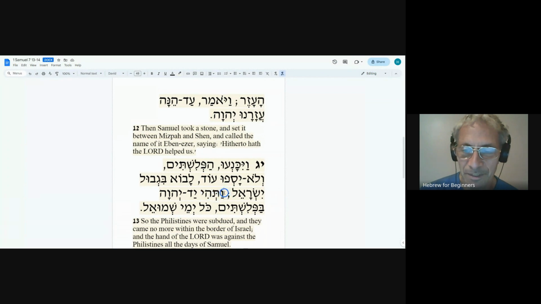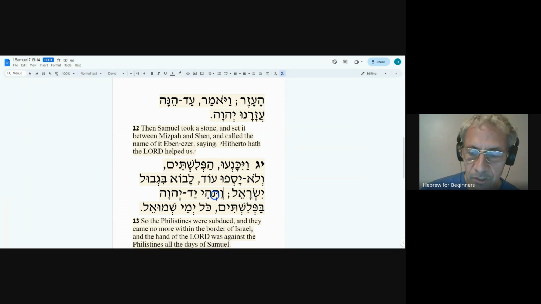Vatehi. Well done. Vayikanu ha-plishtim, and the Philistines were subdued. Lo yasfu od, and they no longer continued, lavo bigvul Yisrael, to approach the border of Israel.